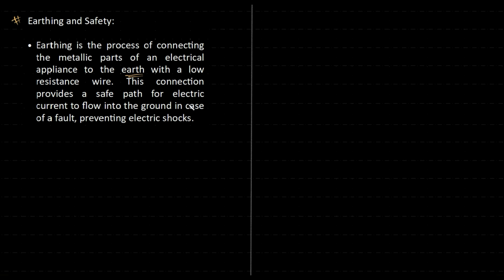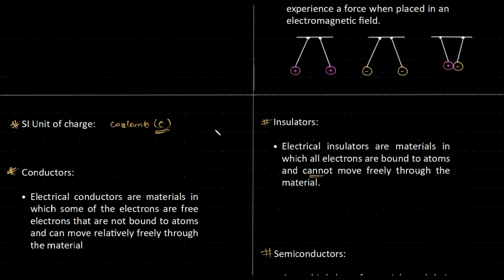Basically, we have a metallic part of an electrical appliance that's connected to the earth with a low resistance wire. This connection provides a safe path for electrical current to flow into the ground in case of a fault, preventing electrical shocks. You don't have to write anything over here, but I'll just show it once.